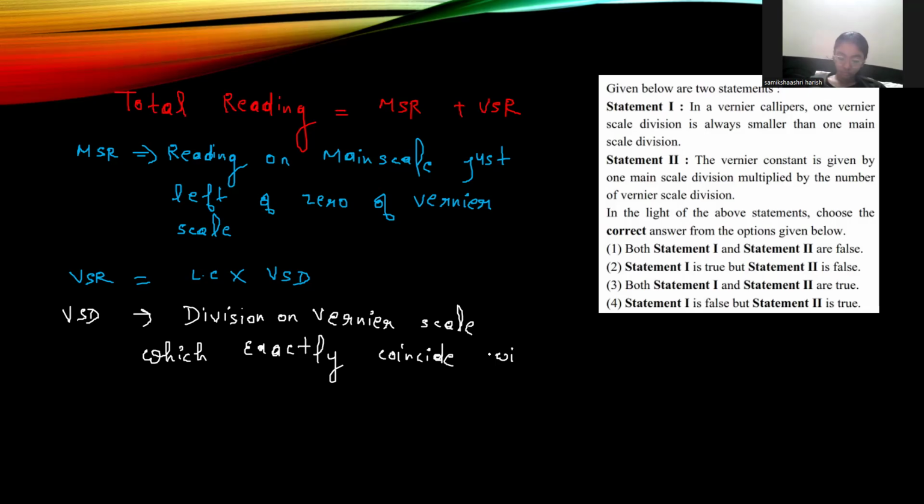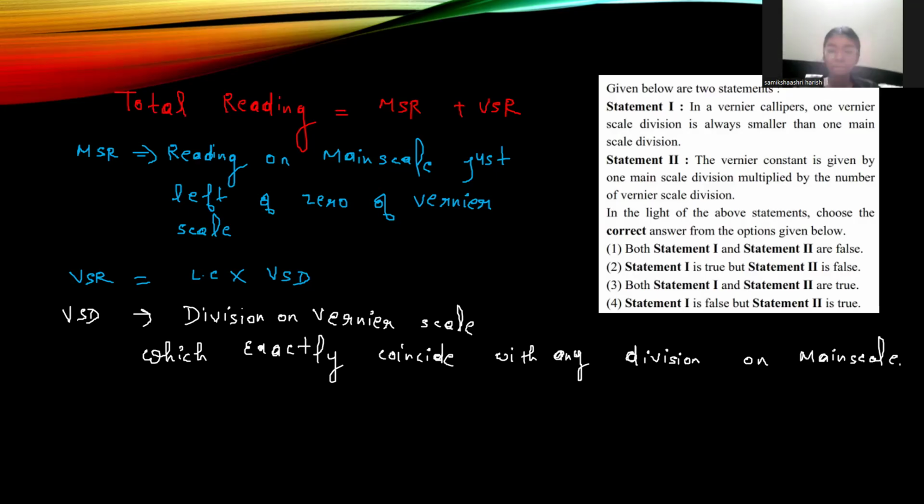VSD is the division on the vernier scale which exactly coincides with any division on the main scale. Okay, clear? Any doubt? Tell me.